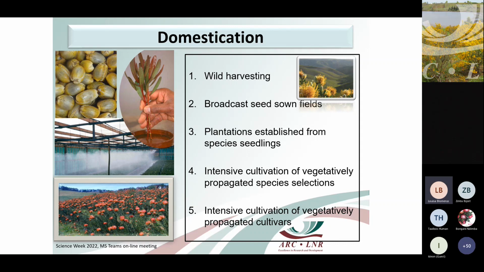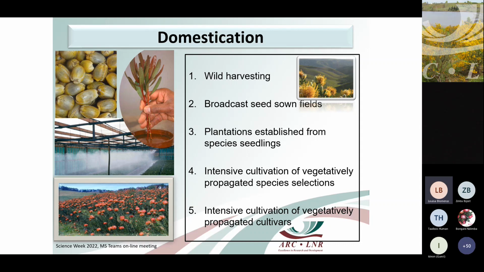They were harvested in the wild, and the proteas were mainly sold on the sidewalks in Cape Town for many, many years. But then the demand increased. And as Zelda also said, people didn't want to go out into the fields anymore, climb mountains. Some of these proteas, you really have to climb a mountain to get to them.